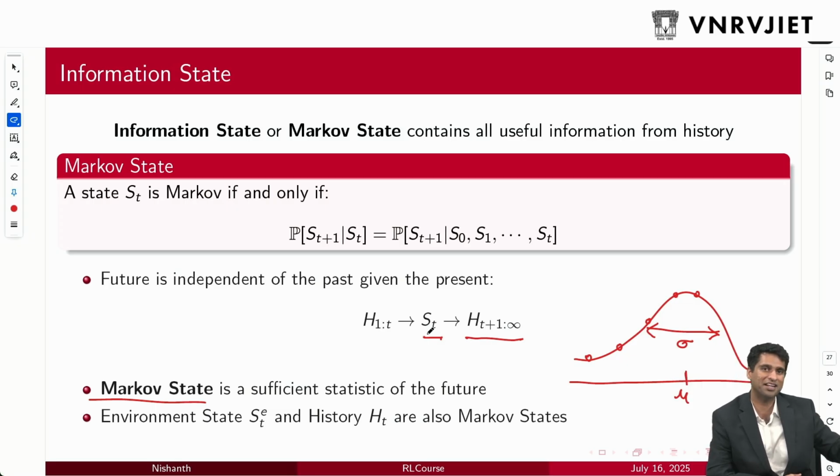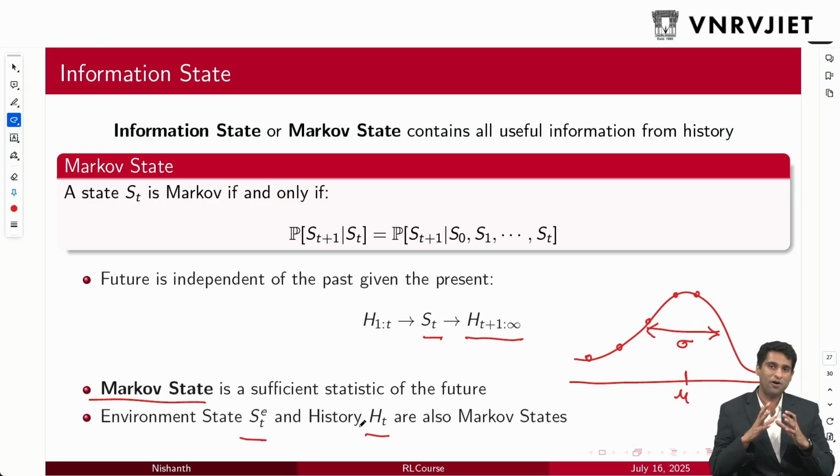So we don't require the entire history to take any future actions, right? Now, the environment state, where we know everything about the environment, or the complete history, both of them can be considered as Markov states because they have all the information required to take the next action or for the environment to update its next observation and reward.